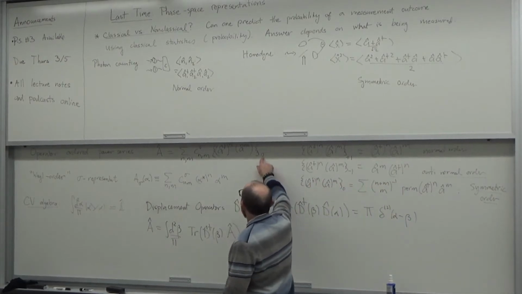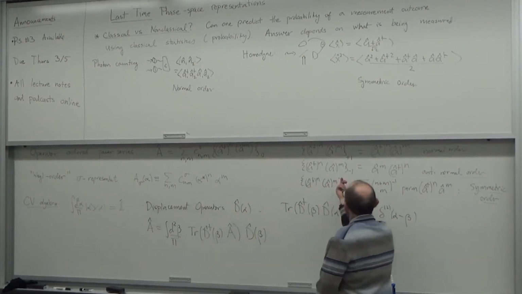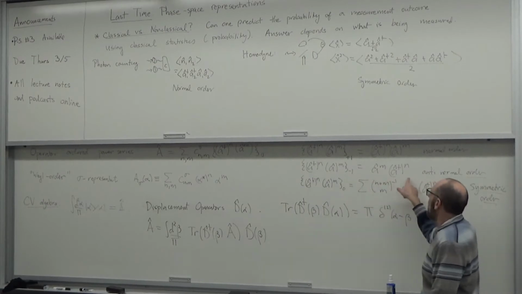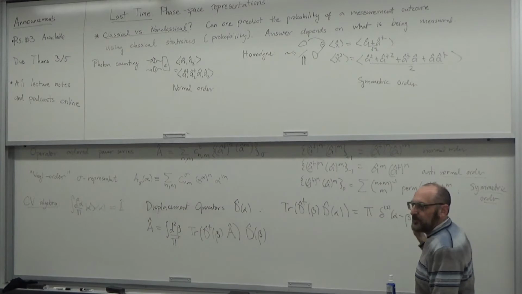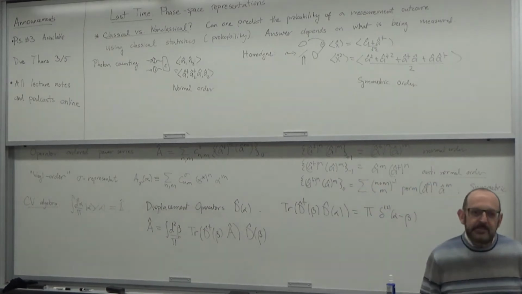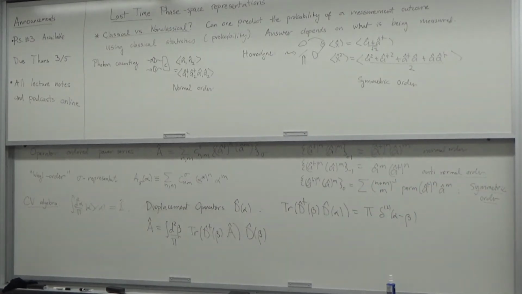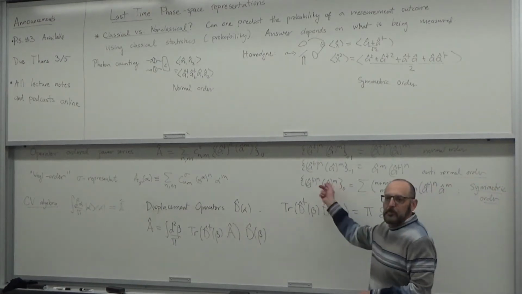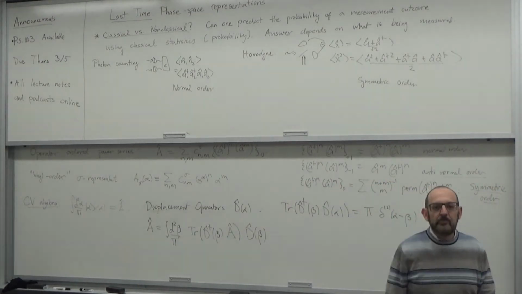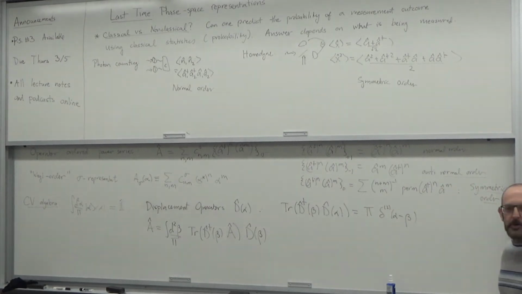When this index is -1, we write it in what's called anti-normal order, where all the a daggers are on the right. Okay? And when this index is 0, we're going to call that symmetric ordering, where we just look at all the permutations of this in a symmetric order.